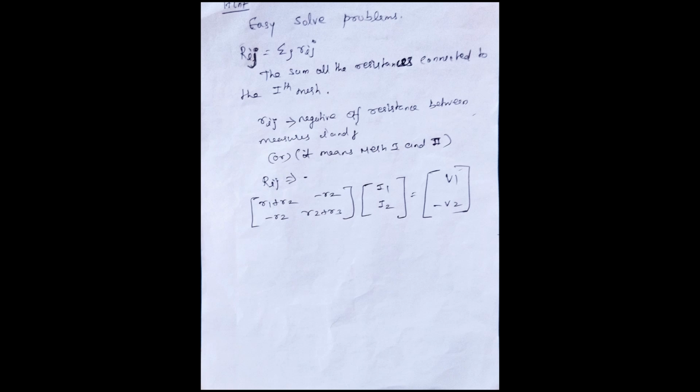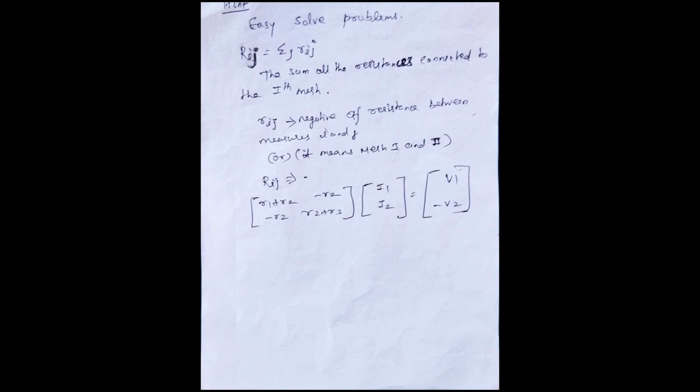Next we see a hint for forming mesh equations or the mesh matrix format, shown in the notes. Easy to solve problems. Capital Rii is equal to the sum over j of Rij, the sum of all the resistances connected to the ith mesh. Rij is the negative of the resistance between meshes i and j, here meshes 1 and 2.